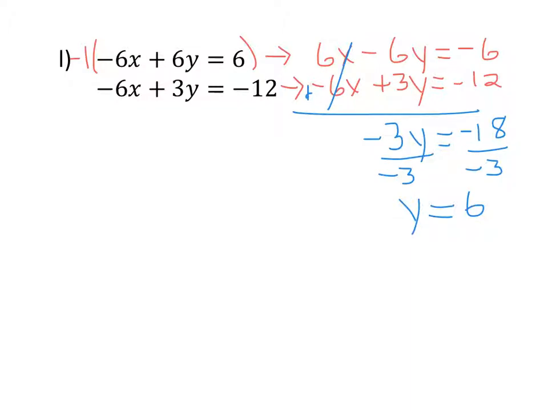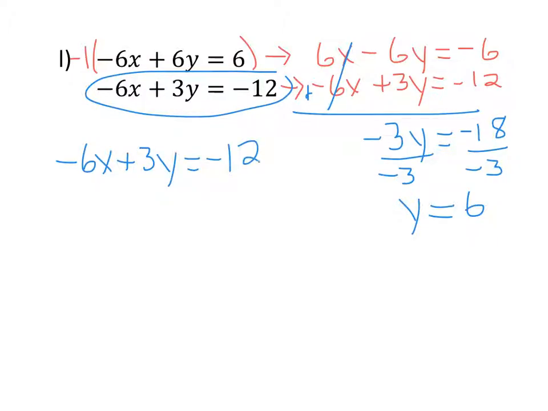And just to be different, let's plug into the second one. -6x plus 3y equals -12. -6x, I have y over here, so plus 3 times 6 equals -12.